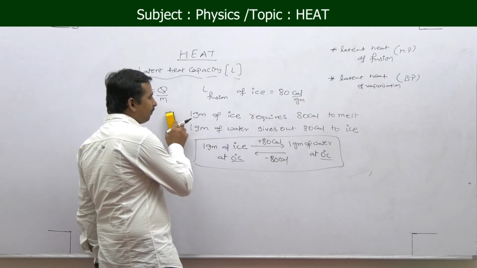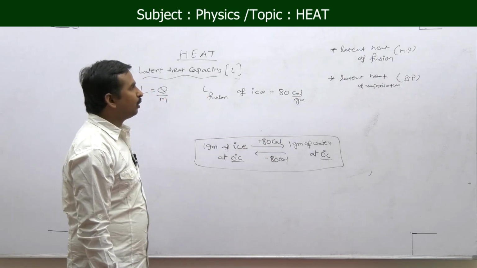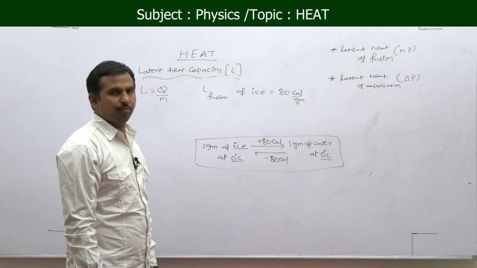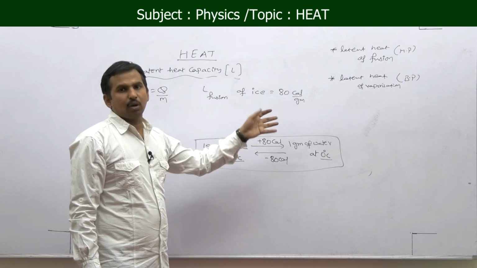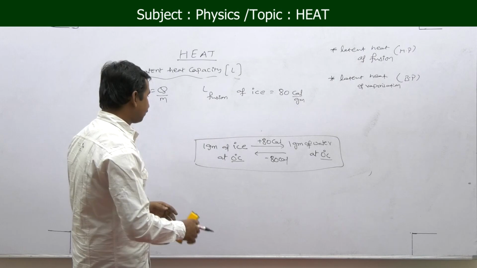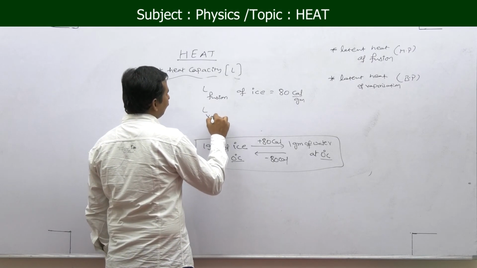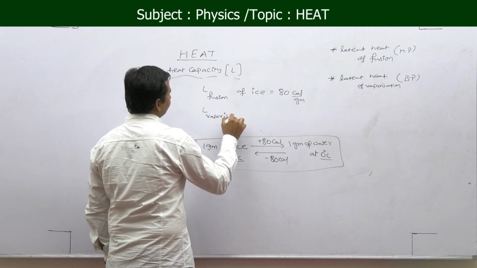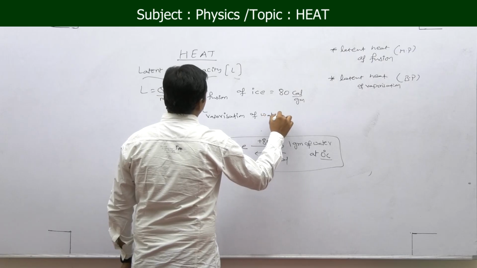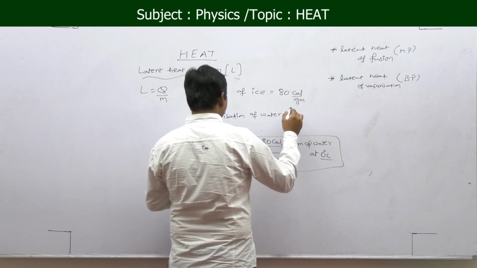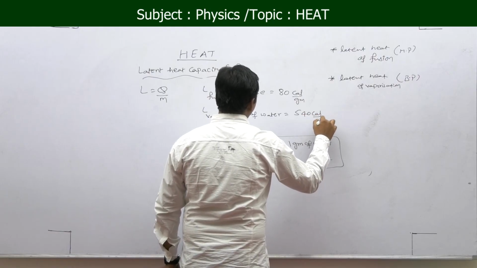Now we take the next one, latent heat of vaporization, where the change of state is from liquid to gas or from gas to liquid. The latent heat of vaporization of water is 540 calories per gram.